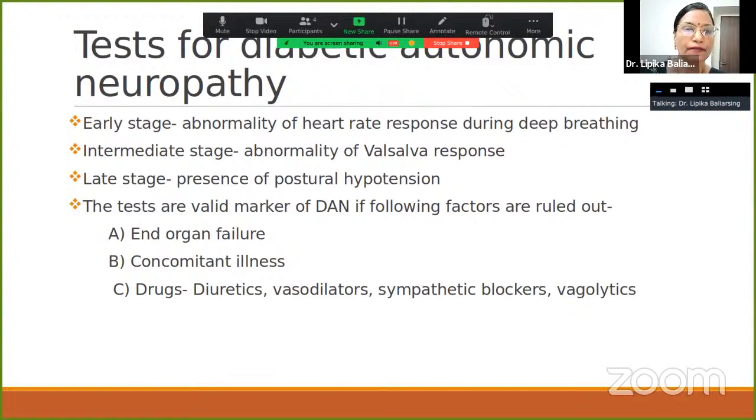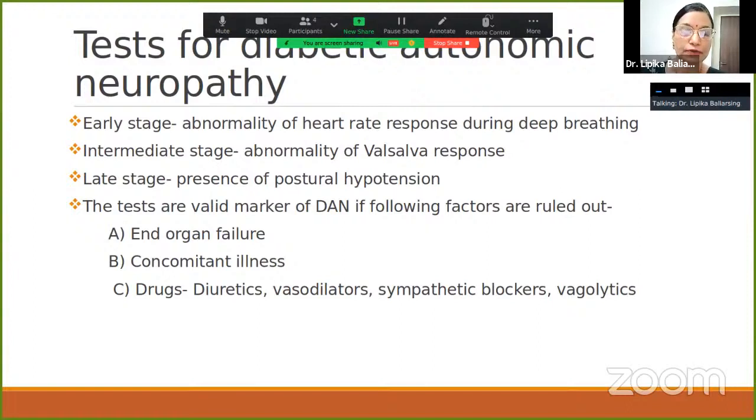Now that will exhibit abnormality of the Valsalva response. Then you know that the patient has crossed the early stage and reached the intermediate stage. Then the patient goes into the late stage, where there is postural hypotension leading to a change on assuming the upright position. And these stages are valid markers of DAN.